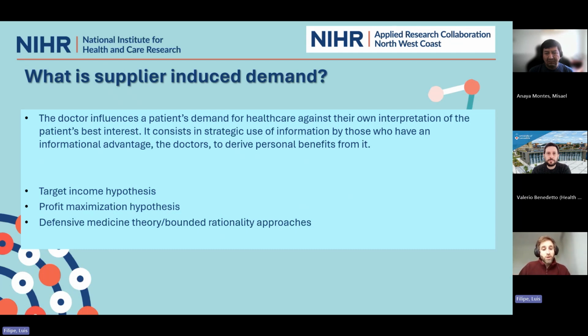So for bounded rationality, I would advise you to go to our RACES program, where one of the things we do is try to help physicians and other healthcare professionals understand the effectiveness and cost effectiveness of new treatments. So just a little bit of advertising. I'll give it to Valerio to give you some examples of supplier-induced demand.